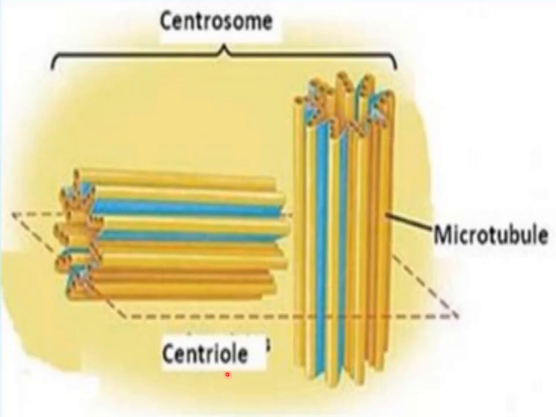The centriole is made up of these microtubules, you can see here. On this peripheral region these triplets are present. These are called peripheral fibrils.